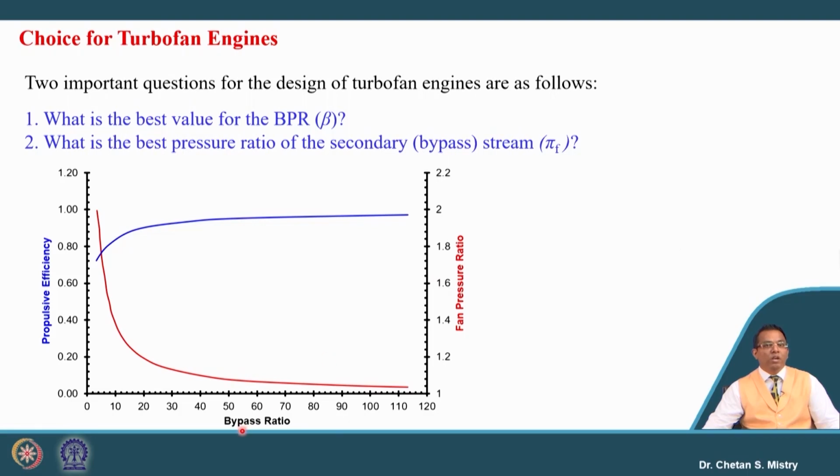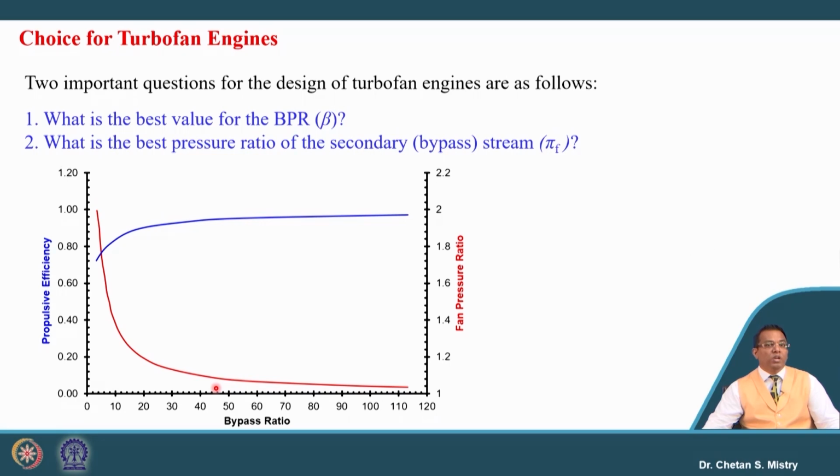With increase of bypass ratio, we have improvement in propulsive efficiency. It improves up to some limit, and after this the increase of propulsive efficiency is not at a great rate. Same way, with increase of bypass ratio, the fan pressure ratio is going to reduce.